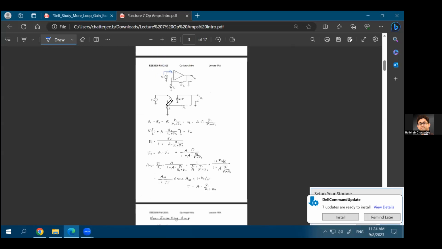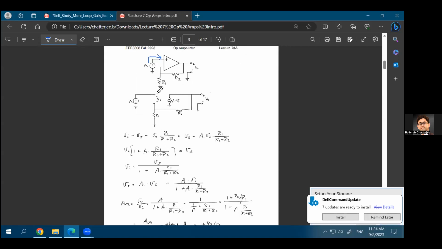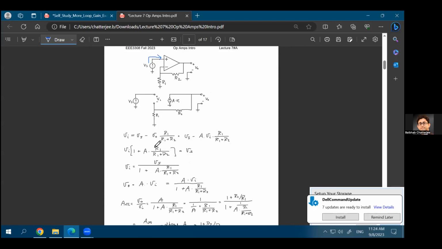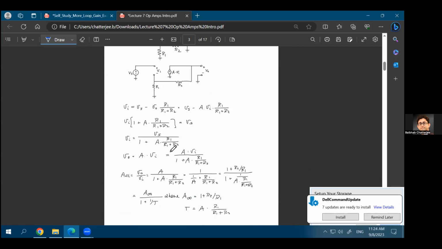And you can solve this by drawing the linear equivalent model of the op-amp, and you can apply your nodal analysis, and then you come up with this equation eventually, that your A infinity will be equal to 1 plus R2 over R1.